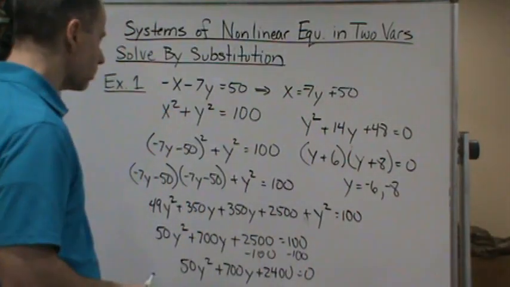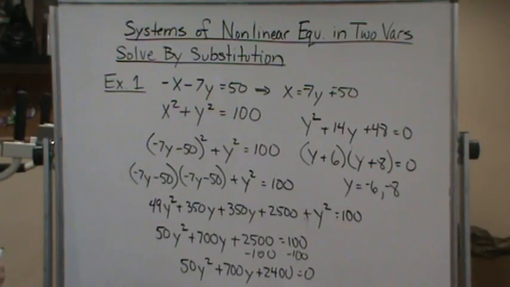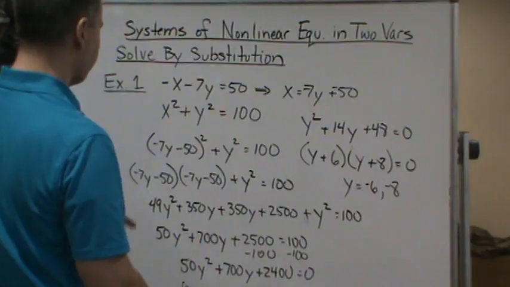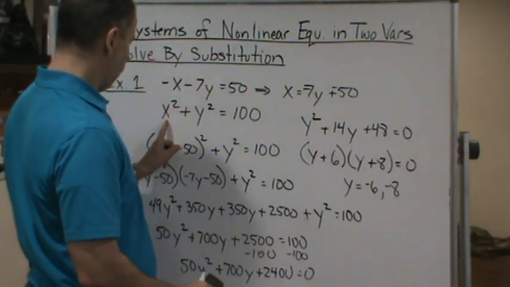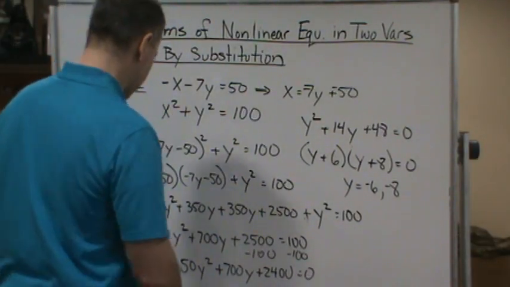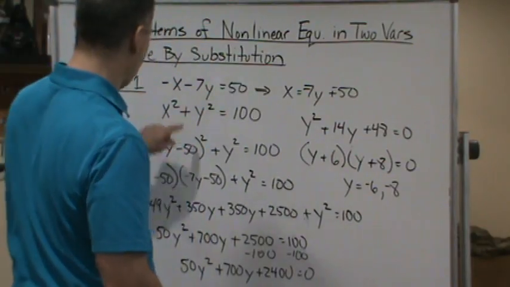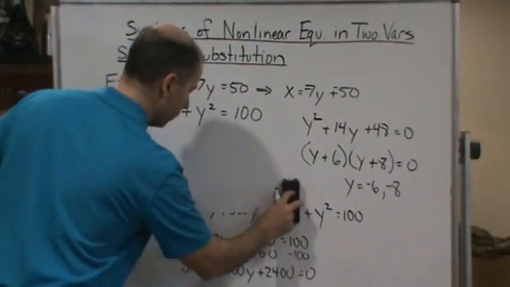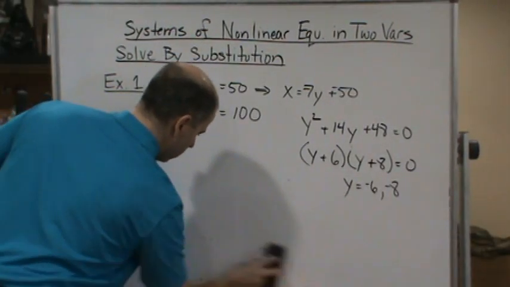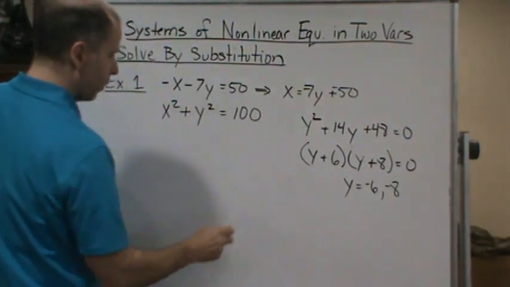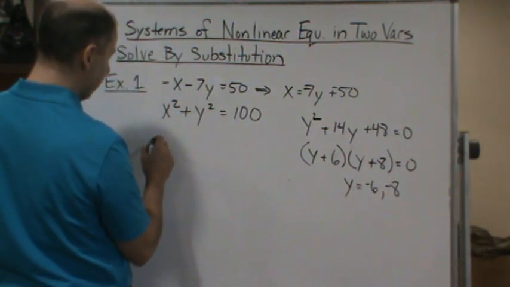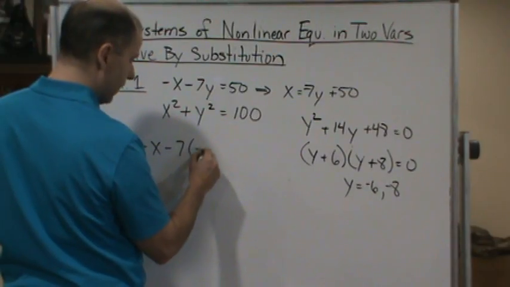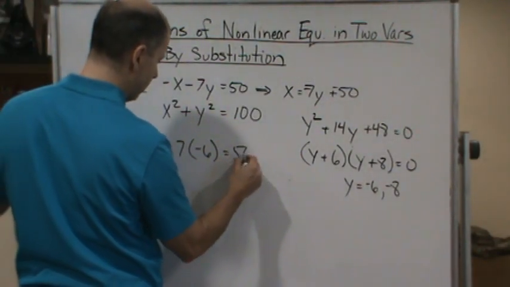Okay, now what I do is I go back and put it into one of the two equations, right? So let's go back to this one here. When y is negative 6, I get negative x plus 7 times negative 6 equal to 50.